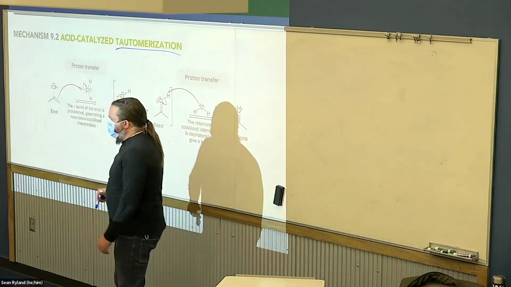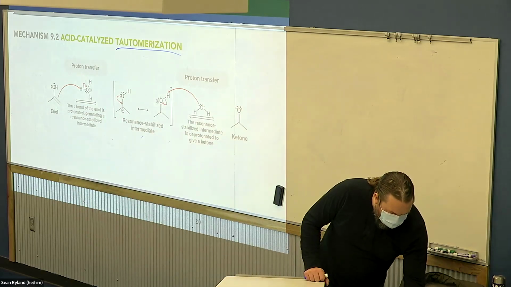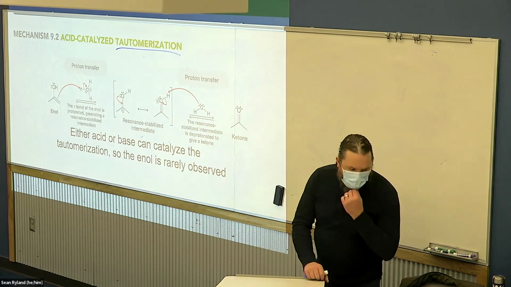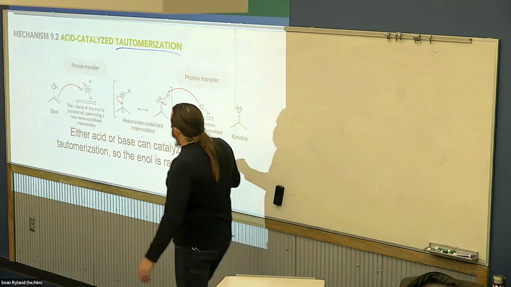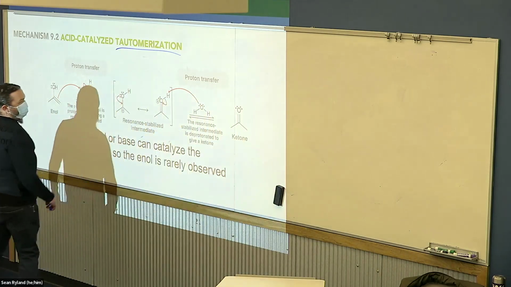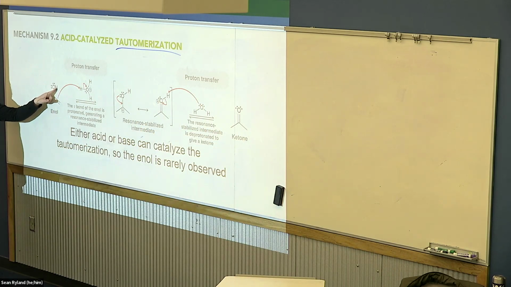And the base catalyzed mechanism looks pretty much the same. The only difference with base catalyzed tautomerization is you start by deprotonating the alcohol first. Then you turn the extra electrons on the oxygen into the bond here, and that gives you a negative charge here. So then you protonate the second carbon.